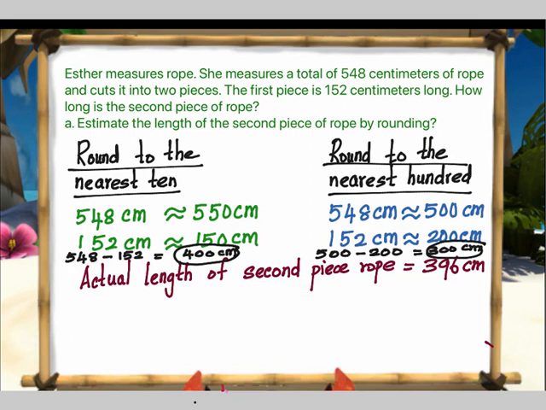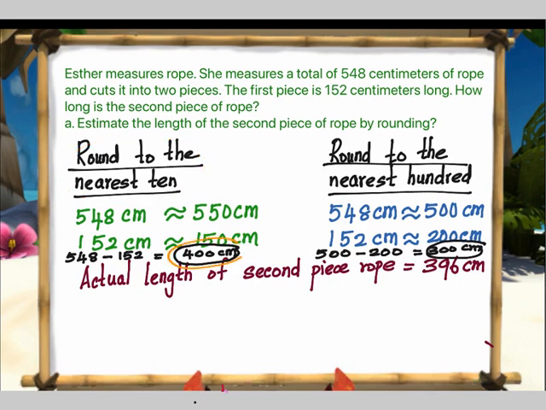Okay, now let us compare the estimate amount and the actual length of the second piece. So, which is closer to the actual amount? Yes. When we round to the nearest 100, it is 300. But when we round to the nearest 10, it is 400.